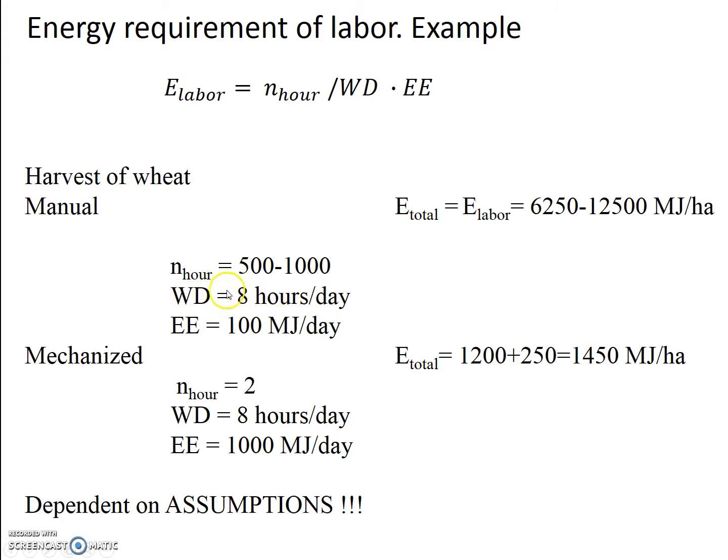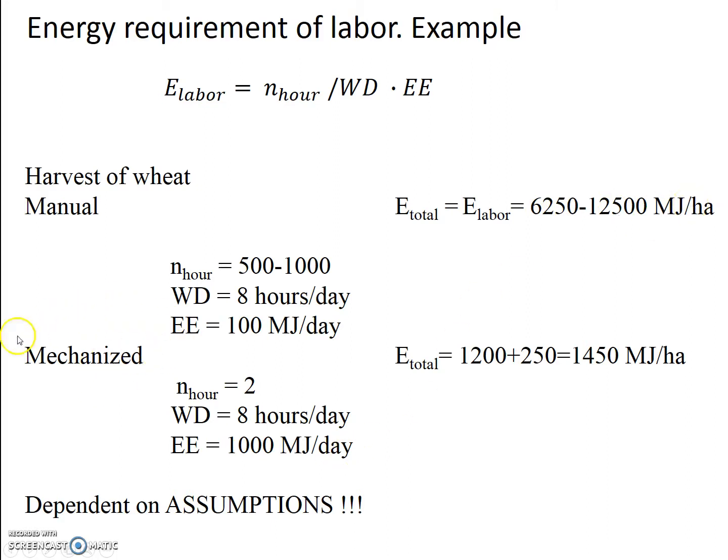Assuming working durations of 8 hours per day and the embedded energy of 100 megajoules per day, considering less developed countries, the total energy required for harvesting the wheat, which is the energy spent in the labor, would be between 6,000 and 12,000 megajoules per hectare.